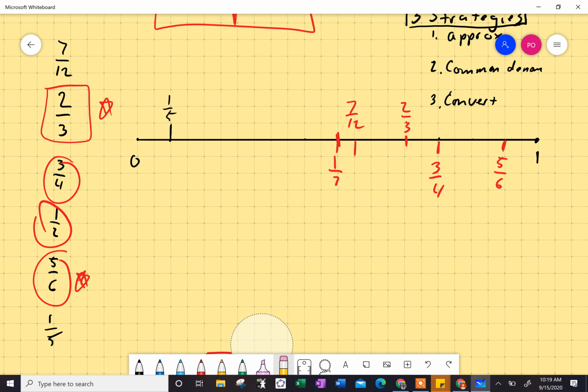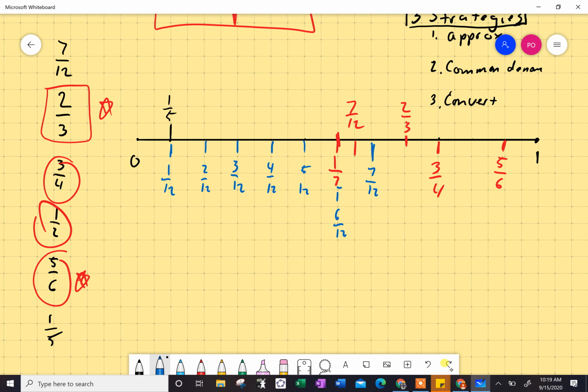I have broken up my number line into 24 pieces, which means I can actually do it in 12ths. This is 1/12, 2/12, 3/12, 4/12, 5/12, 6/12, which we said was 1/2, 7/12.